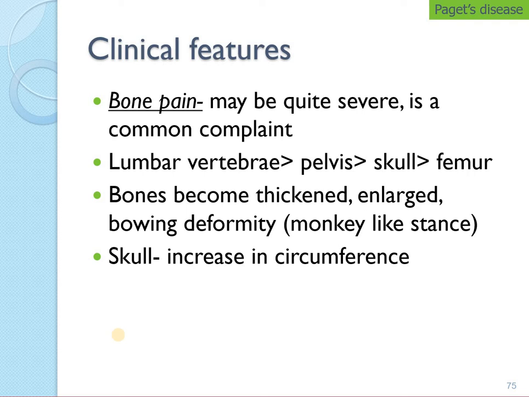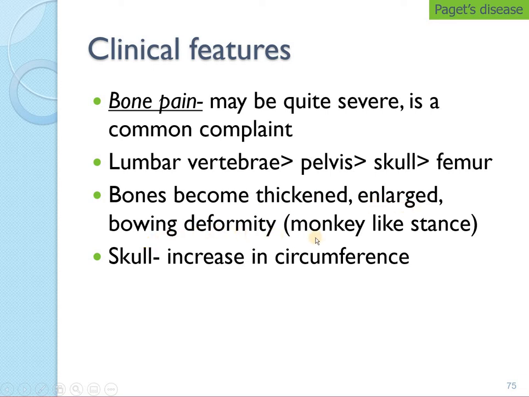The lumbar vertebrae, pelvis, skull, and femur are filled with numerous foramina through which nerves and vessels pass. Any of these bones which become thickened will give rise to constriction of these foramina, leading to bone pain. Because of abnormal formation and deposition, the bones become thickened and enlarged, leading to some deformity.